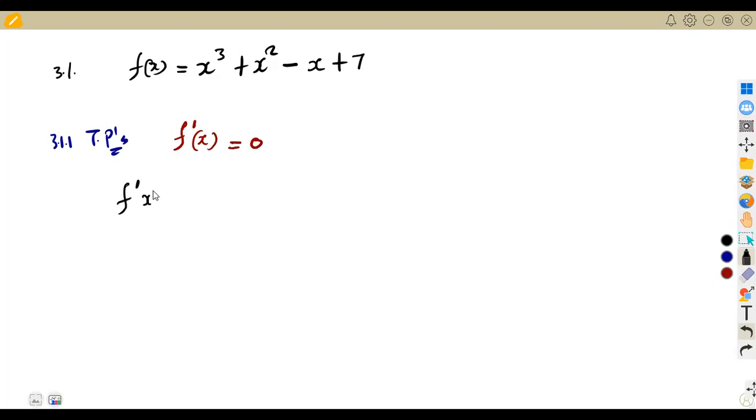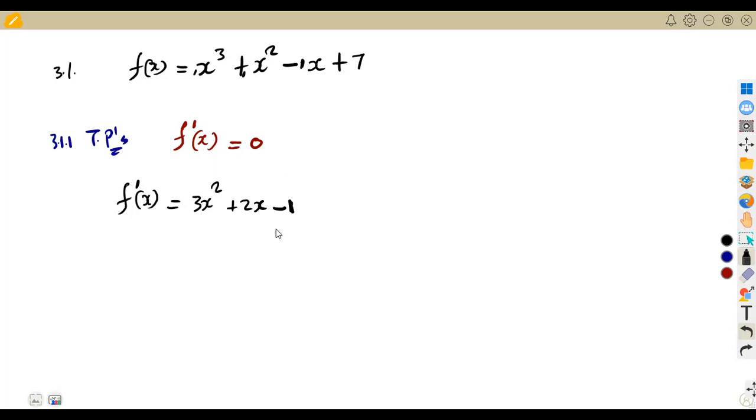All right, so what is the first derivative of our f of x? 3 here is going to multiply that 1, so you're going to have 3x squared. Then we've got 2 and 1 here, which is going to give us 2x. Negative 1x is going to give us negative 1. 7 being a constant is going to be a 0.